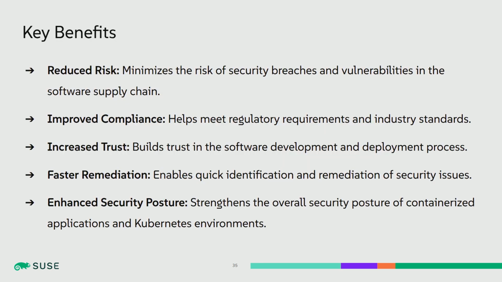Before we go there, the key benefits of adopting the supply chain security aspects that we provide: it definitely reduces your risks and minimizes the risk of security breaches, because if you are deploying something with near zero vulnerabilities, your security footprint has reduced significantly. You don't have to worry about taking care of all the vulnerabilities. You have improved compliance.